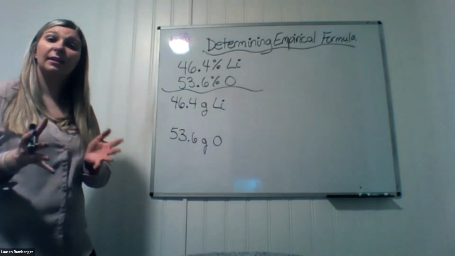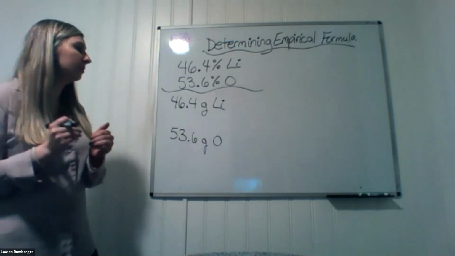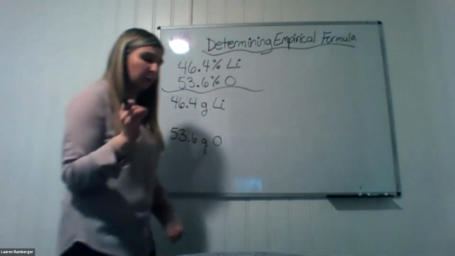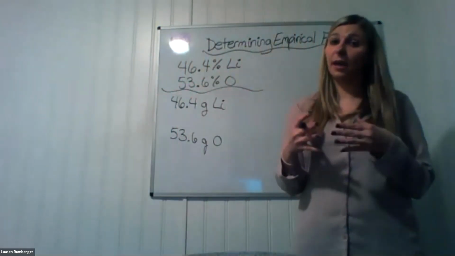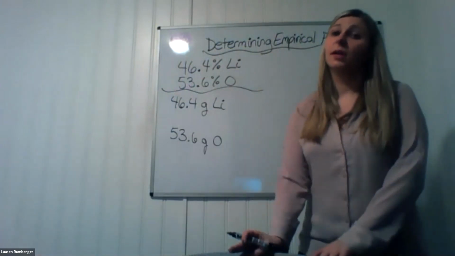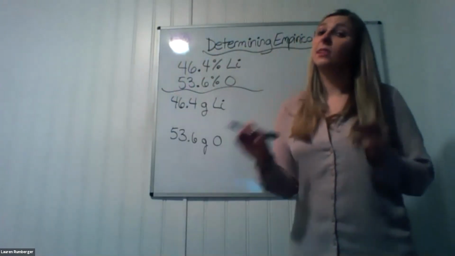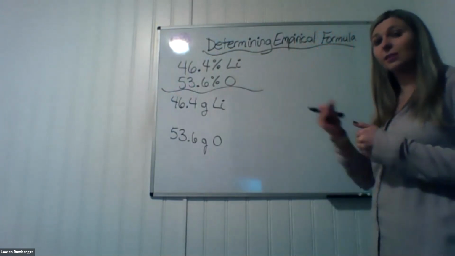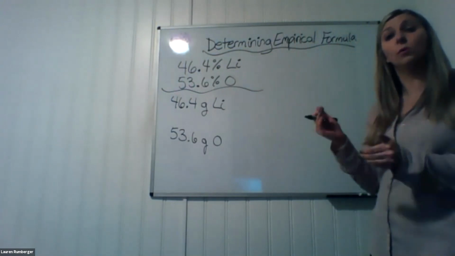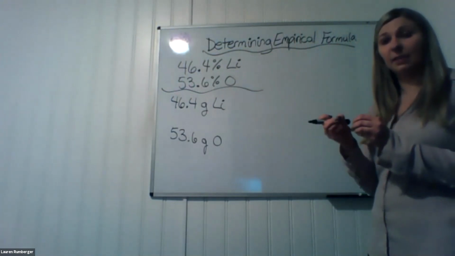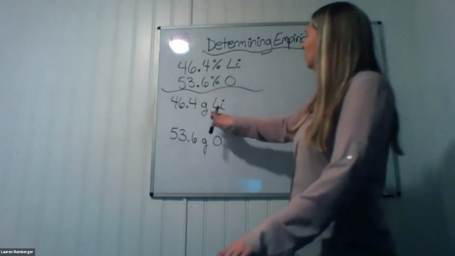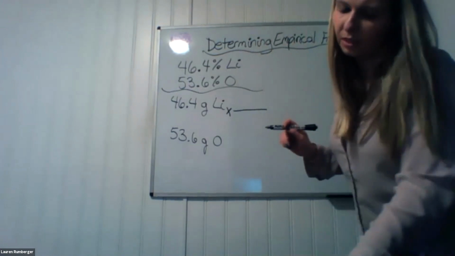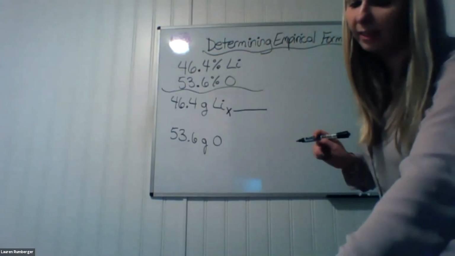Now the next step in our list tells us to convert each of the masses into moles, because remember, compounds combine together in whole number ratios, and those subscripts represent the moles. So by converting this to moles, it's going to take us one step closer to determining the whole number ratio between the elements. So converting grams into moles of lithium, you need the molar mass of lithium.